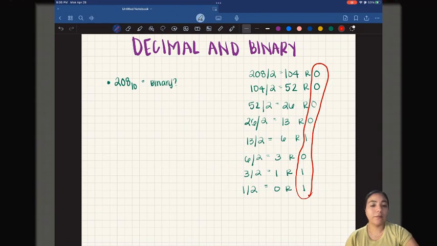Our topmost number is going to be the least significant digit, which will be our digit all the way farthest right. And the one at the very bottom is the most significant digit, which is going to be our digit farthest to the left.